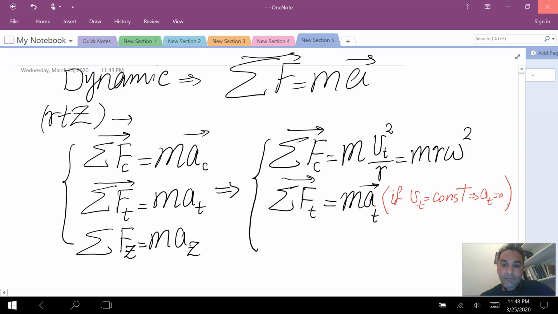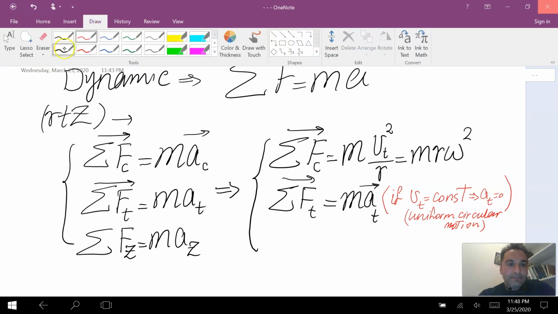Keep this one, it's very important. If your circular motion is uniform, then a_t is 0. Okay? Beautiful, right?